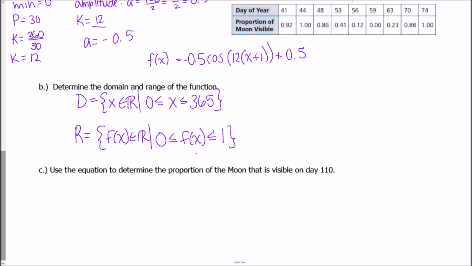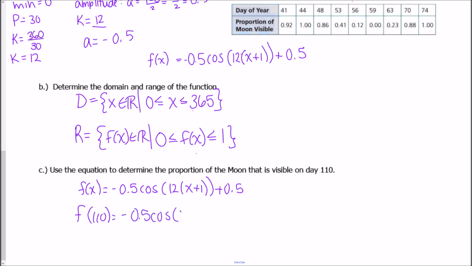Okay, and then lastly, use the equation to determine the proportion of the moon that is visible on day 110. So if my equation is f of x equals negative 0.5 times the cosine of 12 times x plus 1, plus 0.5, then I'm going to find f of 110 by doing negative 0.5 times the cosine of 12 times 110 plus 1 would be 111, plus 0.5.